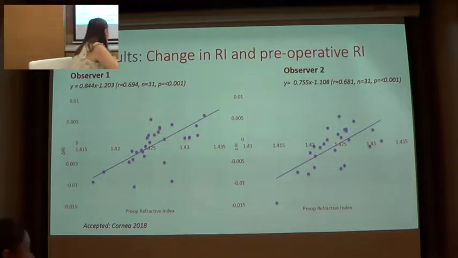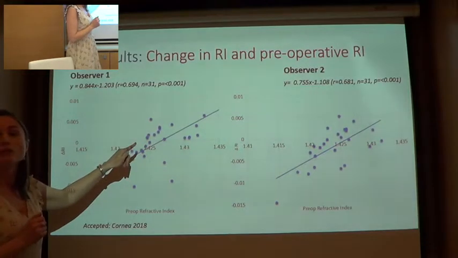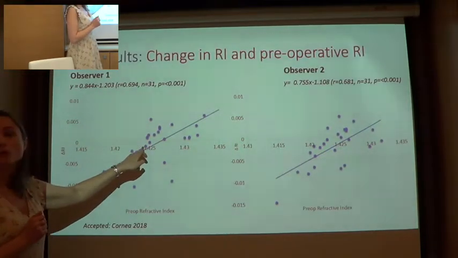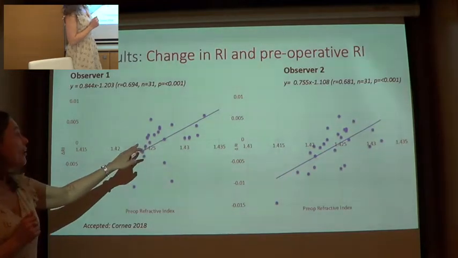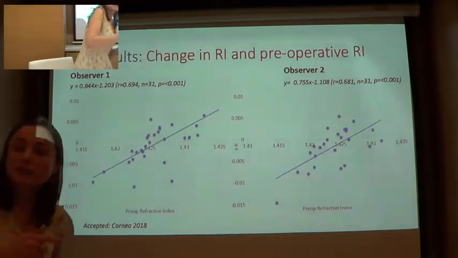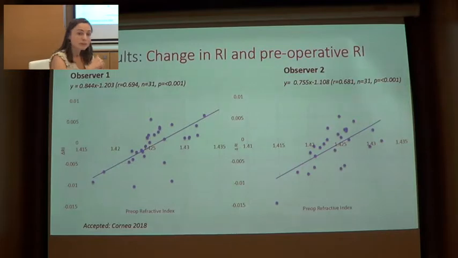And an interesting fact is that when the refractive index before surgery was above this point, 1.2405, the refractive index tended to decrease after the operation, and oppositely, when it was lower, it tended to increase after the surgery. We have no logical explanation for this fact.